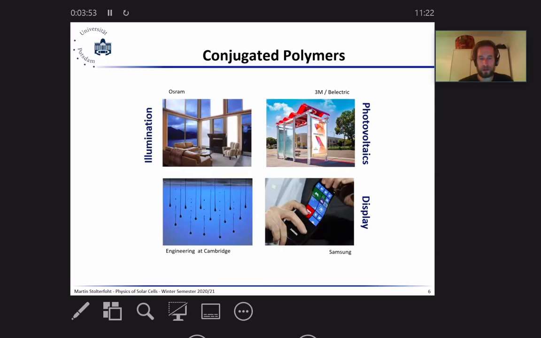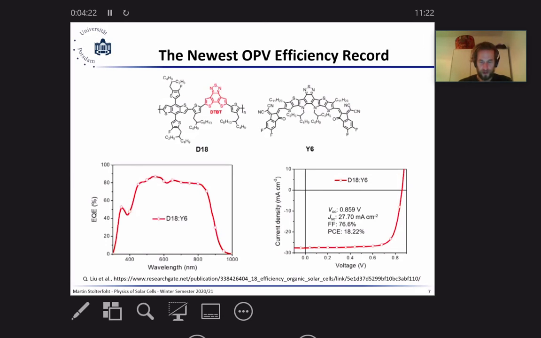Of course, OLEDs have completely revolutionized the market, as you know. So flexible electronics can be made with this. And here's an example of organic solar cells on a bus stop. Looks also nice.